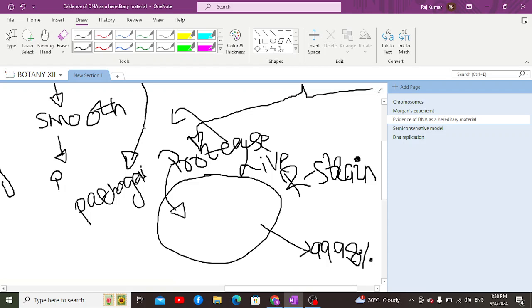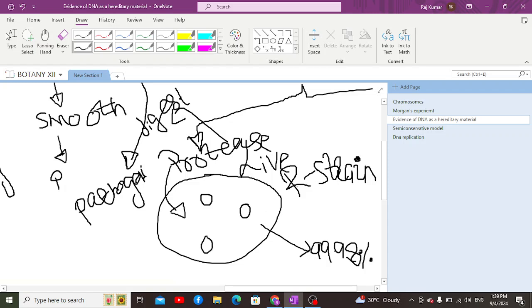So protease digested the protein present inside the culture, and this caused the formation of a protein-free culture.